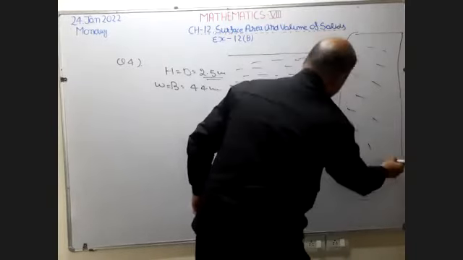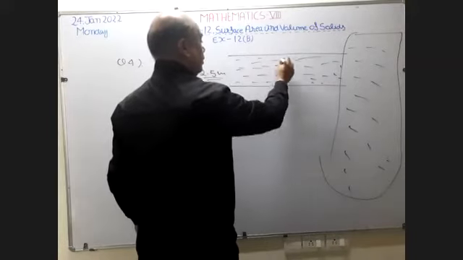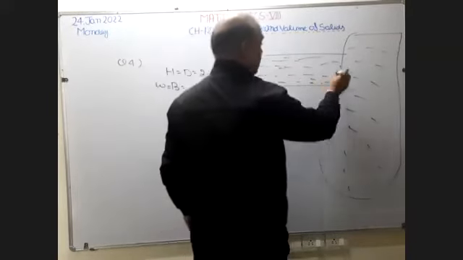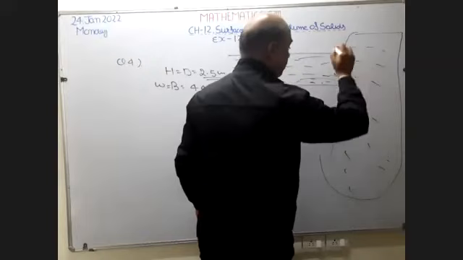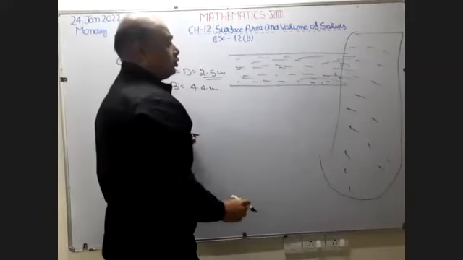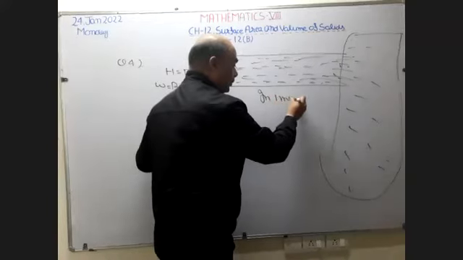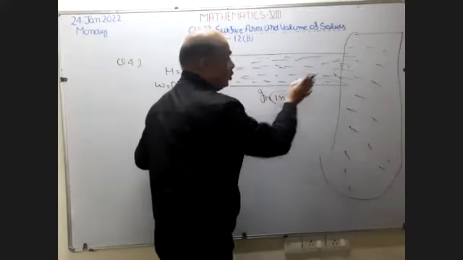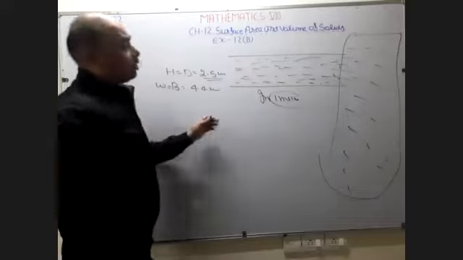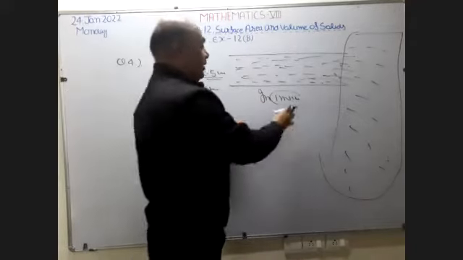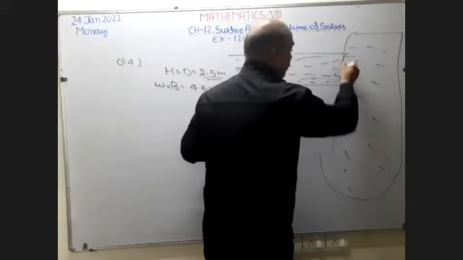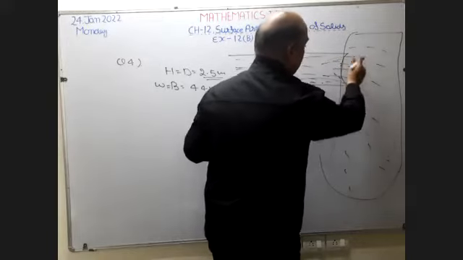This is the shape of the river. The water is going to mix in the sea. So in this question, we're going to check in 1 minute how much water is going to be mixed in the sea, or flow in the sea. In 1 minute, how much water is going to flow in the sea? So this is your question.